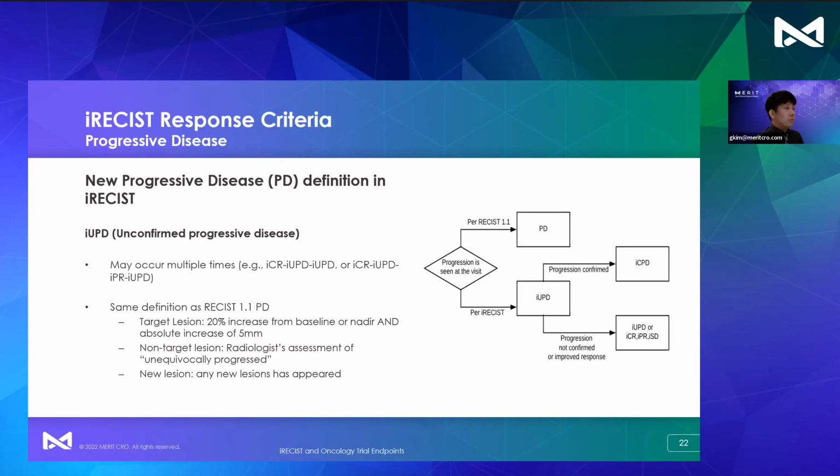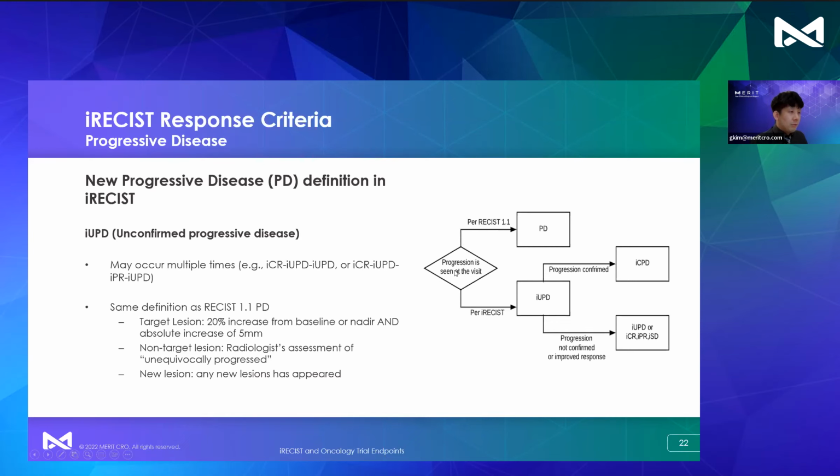For the iRECIST response criteria, the main difference in how we assess the time point response arises when the patient first shows signs of progression in the CT or MR radiologic assessment. In the diagram, when progression is seen at a visit, in RECIST 1.1 it would simply be assigned as a PD.